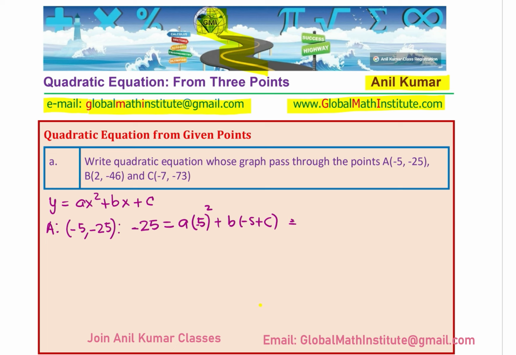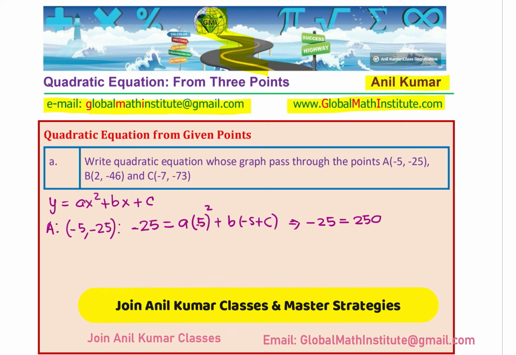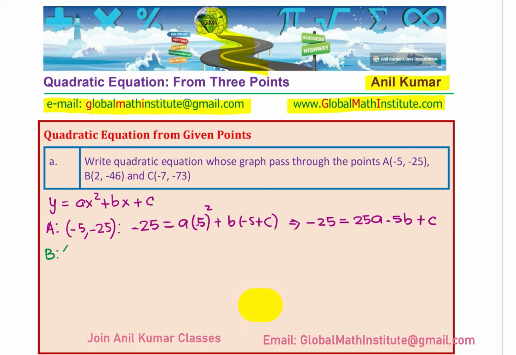And that gives you the equation -25 equals 25a minus 5b plus c, correct? Now, the second point is given to us as B(2, -46).